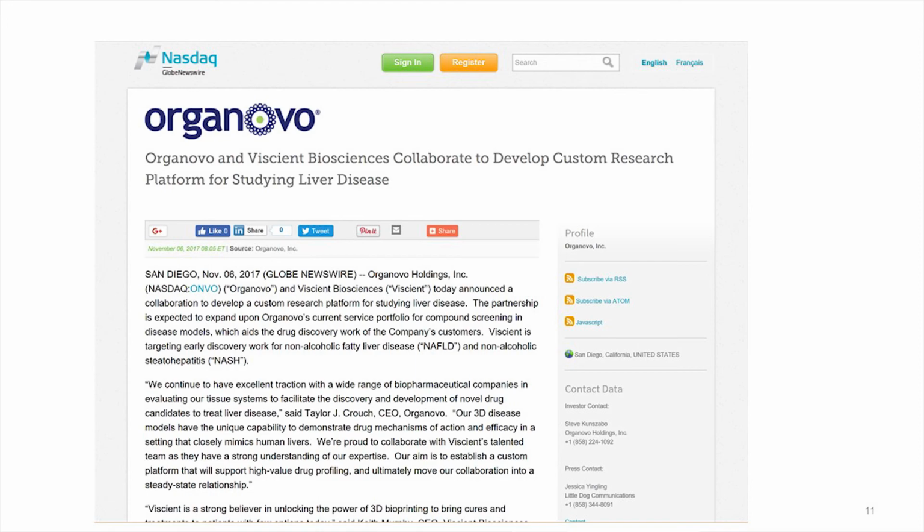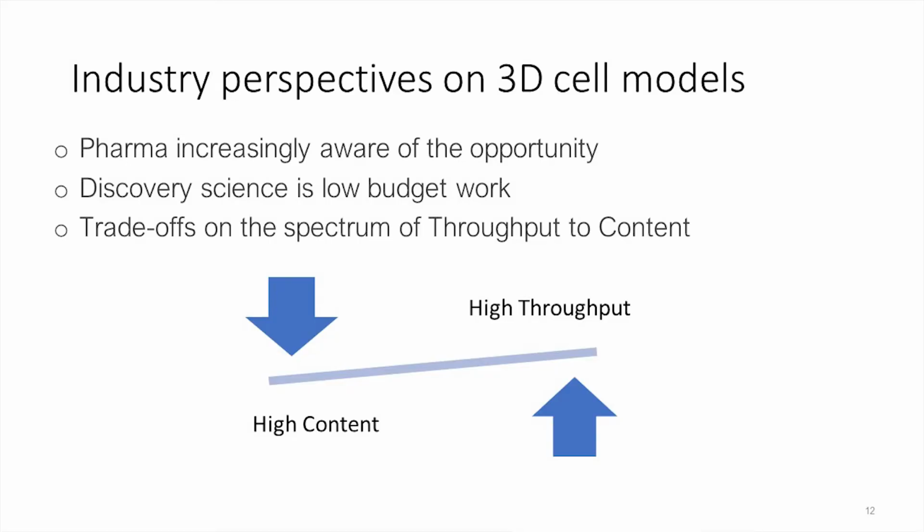There are a number of other pharma customers that work with Organovo on this, but I think Viscient may be unique in the sense that we, as a company, are starting with the premise that these models will lead us somewhere, and others, I think, are more dipping their toes in the water at this point. But pharma, I think, is increasingly aware of the opportunity. So to talk at the high level about how the industry sees 3D cell models, pharma is increasingly aware of the opportunity and is starting to build teams to specifically address this.